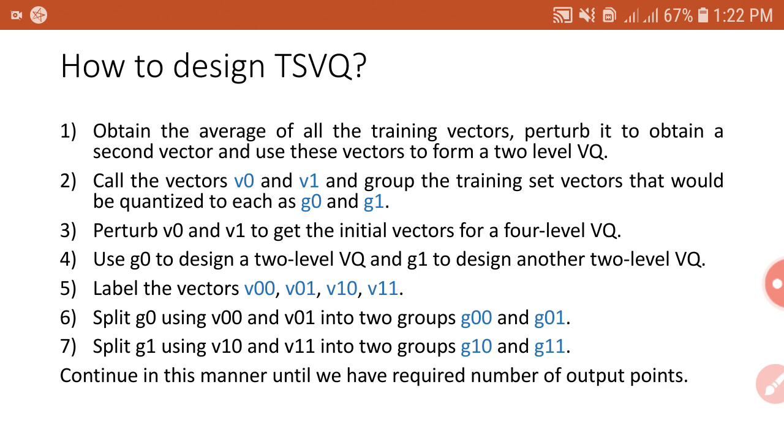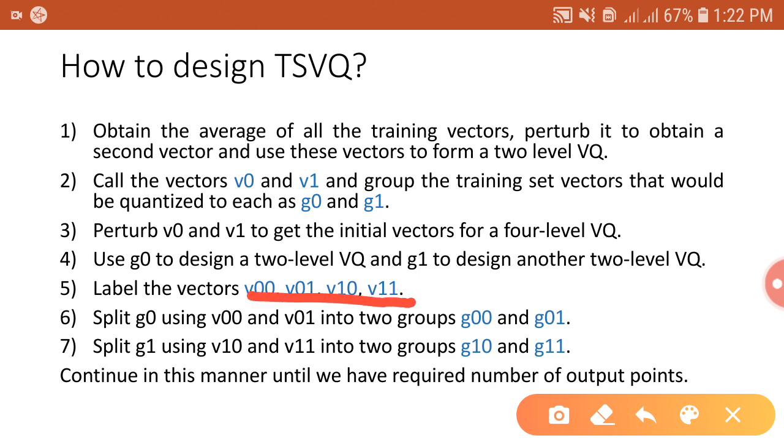The next step is to use G0, that is cluster 0, to design a two-level vector quantizer, and use G1, that is cluster 1, to design another two-level vector quantizer. Label the code vectors V00, V01, V10 and V11.